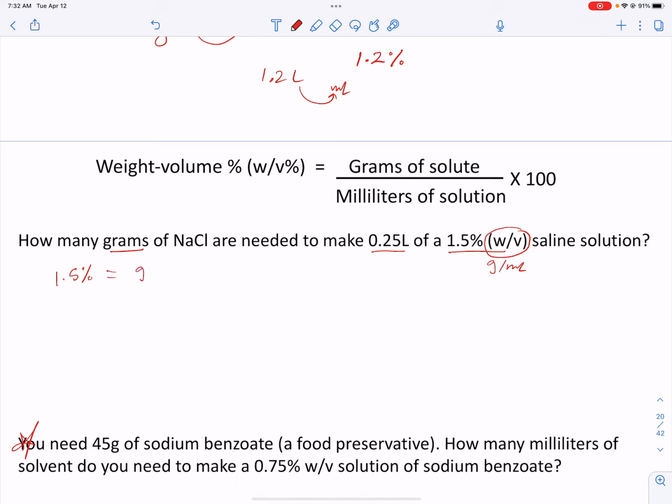This is the part we're looking for. So I'm going to put a little question mark here, per milliliter of solution. Okay, and this is our volume, so we need to convert that before we just plug it in. So I'm going to take 0.25 liters, and I'm going to move it down so that I have space.